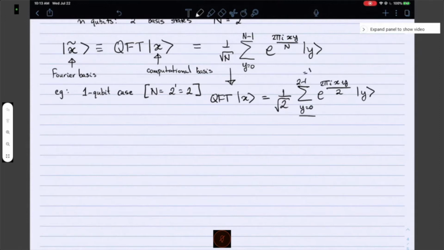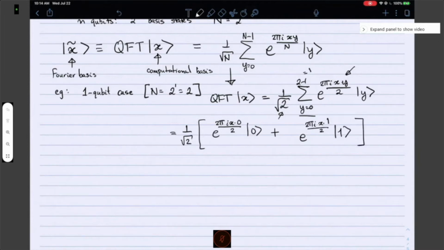So let's write down that sum explicitly. And remember, there's this 1 over square root of 2 here. So that is exactly 1 over square root of 2 of e to the 2 pi i. So for example, when y is 0, the whole exponent is 0. So e to the 2 pi i x times 0 over 2 with a 0, plus, when y is 1, it's e to the 2 pi i x times 1 over 2 with a 1.